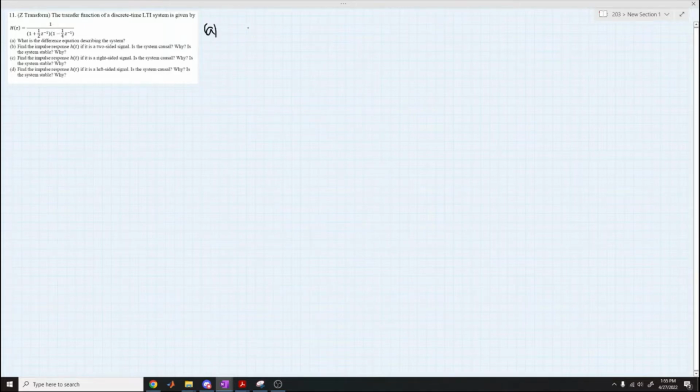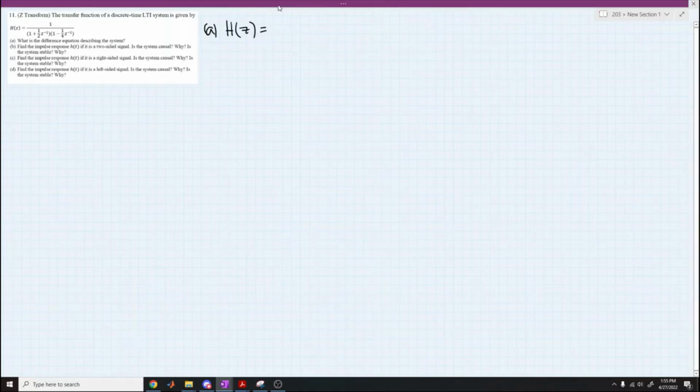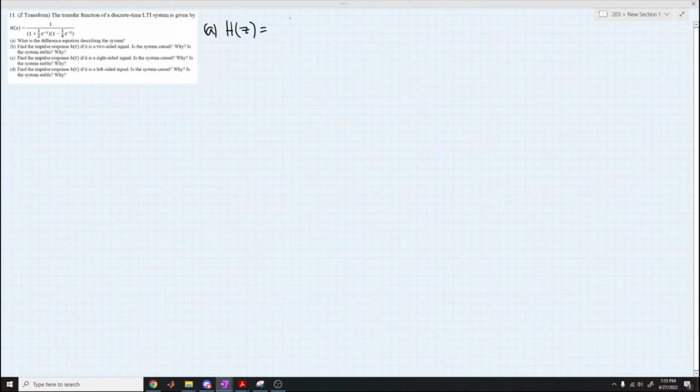We have part A. We're given H of z, which is the transfer function, right? And the transfer function is going to be equal to the transform of the output, Y of z, divided by the transform of the input, which is X of z.